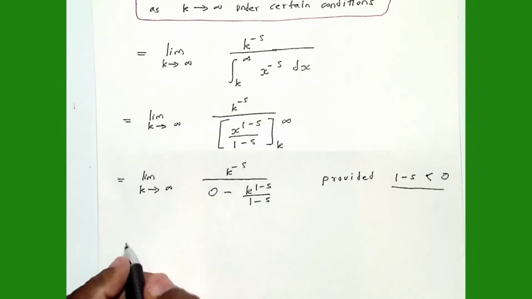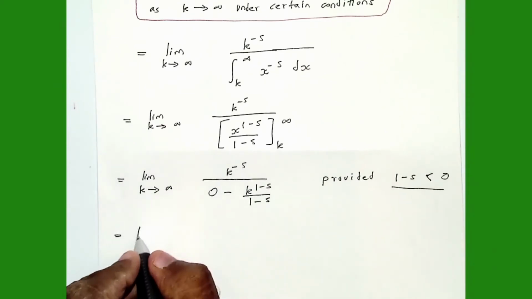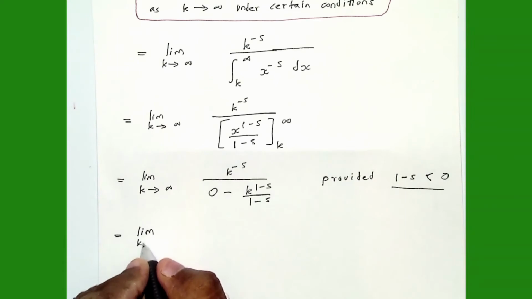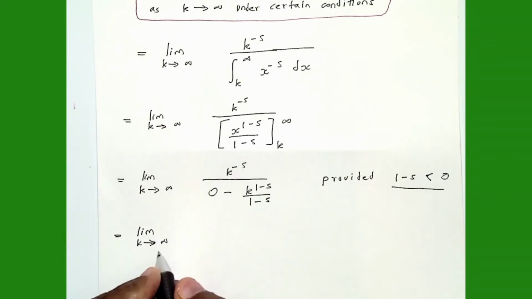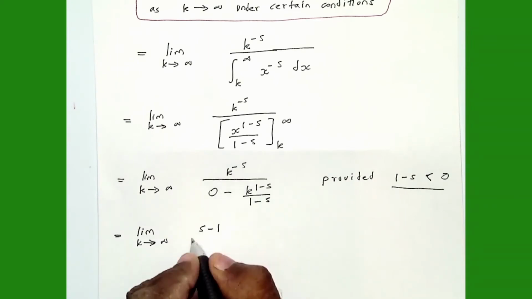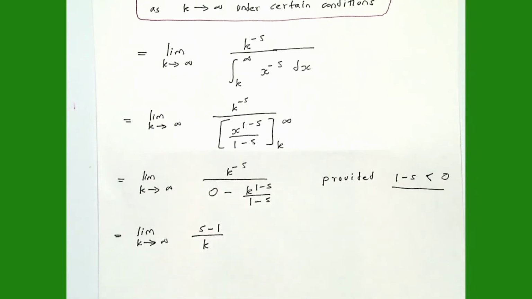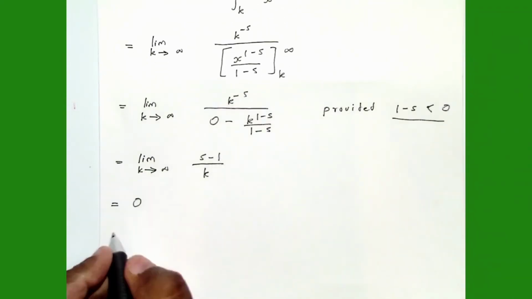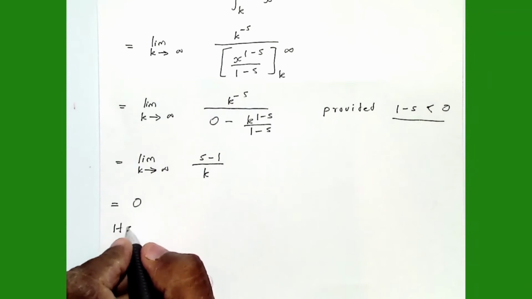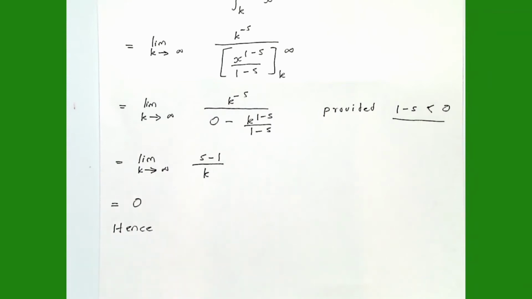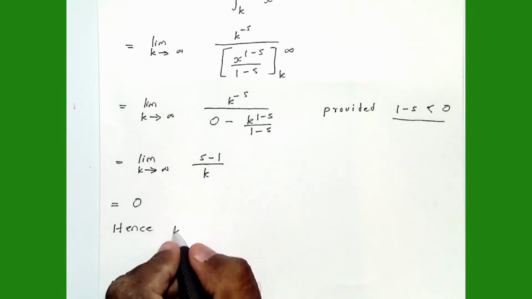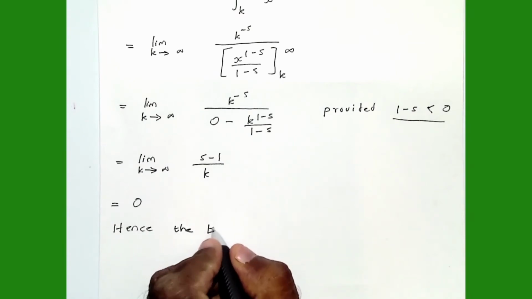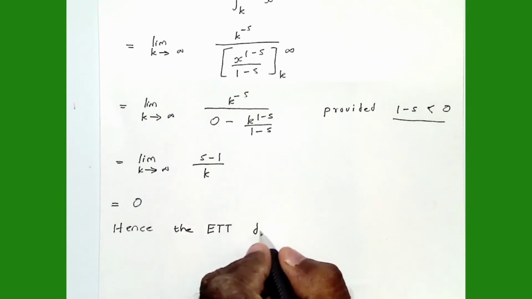So this is the limit as k approaches infinity of s minus 1 divided by k, and this is clearly equal to 0. So the conclusion is that the ETT does hold.